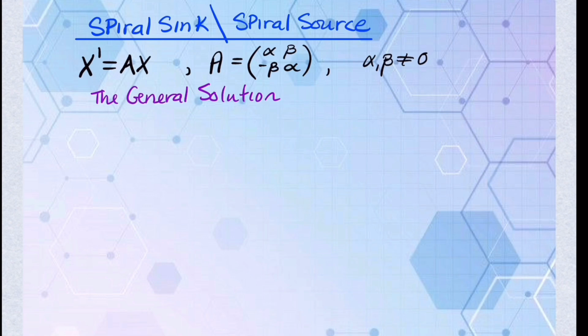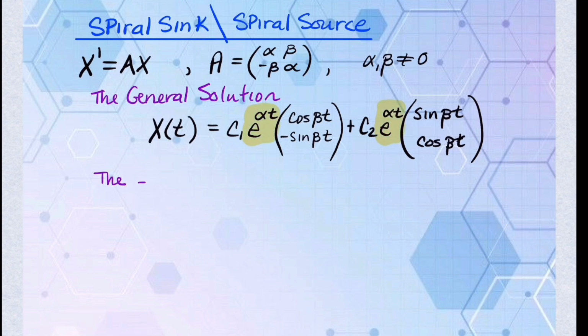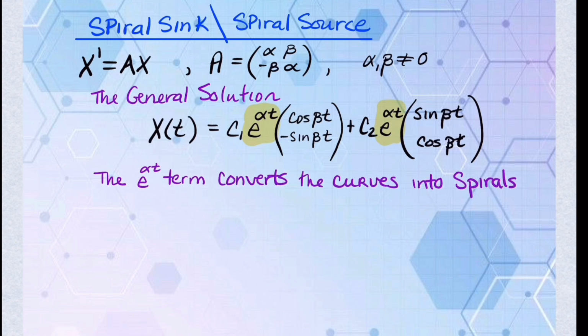So the general solution is of the form x of t equals a constant times e to the alpha t and then this vector, plus c2 e to the alpha t times this vector, the imaginary and real parts that we had talked about earlier. And again, these factors of e to the alpha t are what convert our straight line solutions from before into spiral-like solutions.